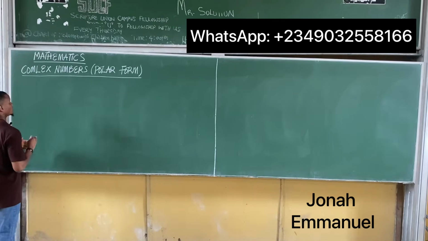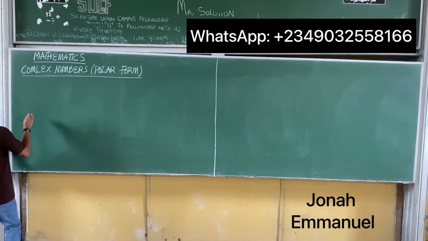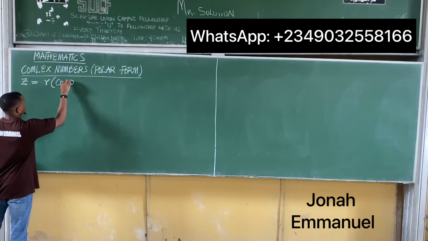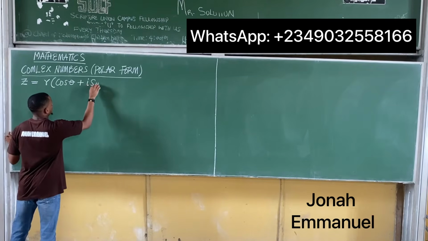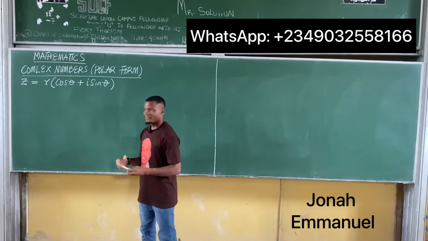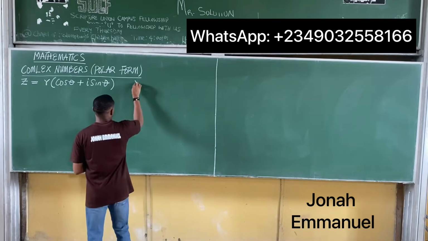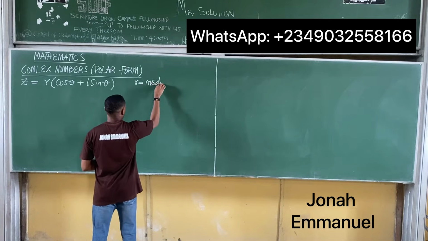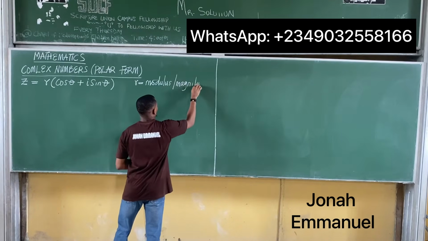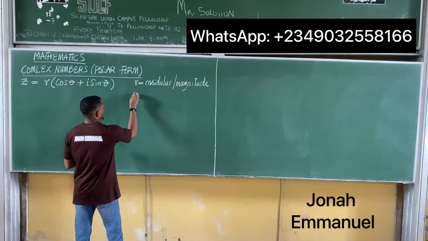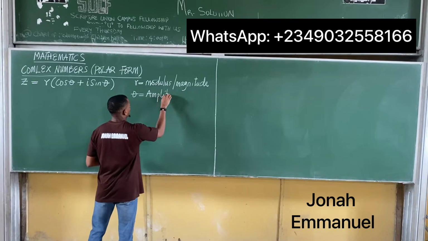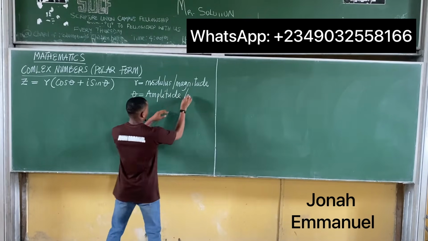We said in polar form that a complex number z is equal to r into cos theta plus i sine theta, where r is called the modulus or the magnitude of the complex number, and theta is called the amplitude.